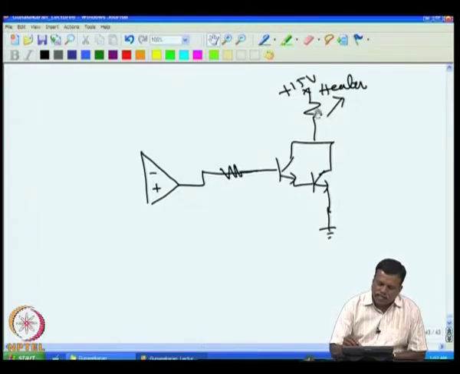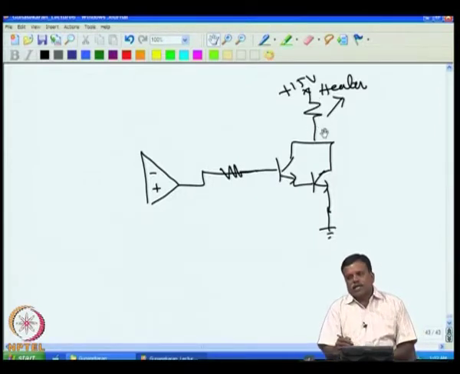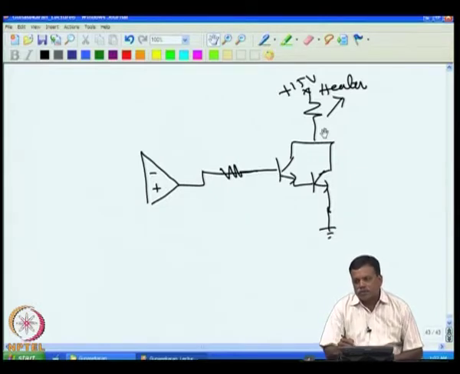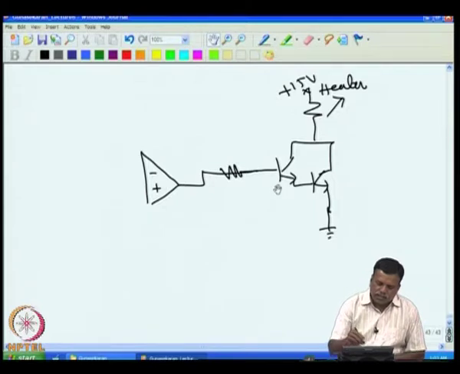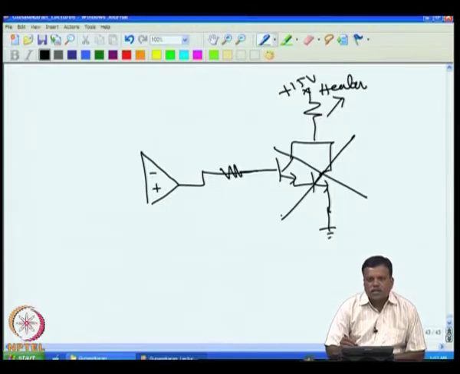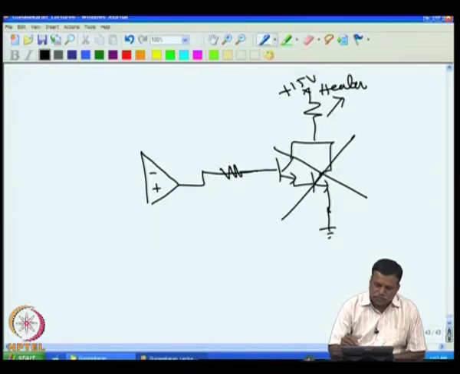In fact, you have a gain here, and once the voltage at this point goes more than 1.2 volt, it is completely switched on and will act like an on-off controller, and the proportional controller action will be completely lost. So, this circuit should not be used for a PID controller, or a proportional controller for that matter.